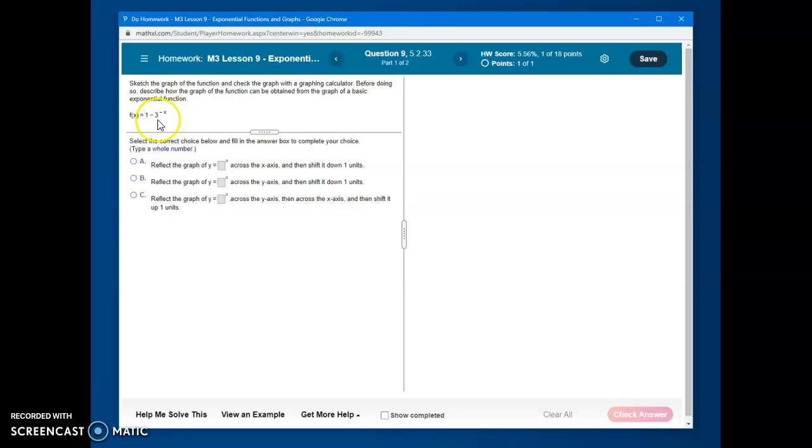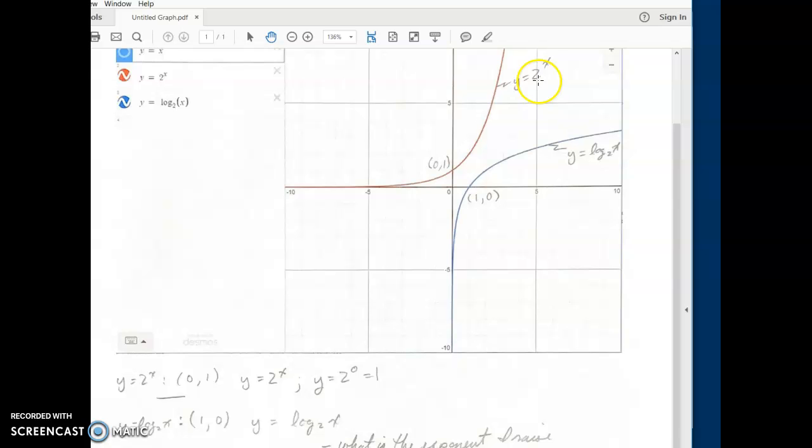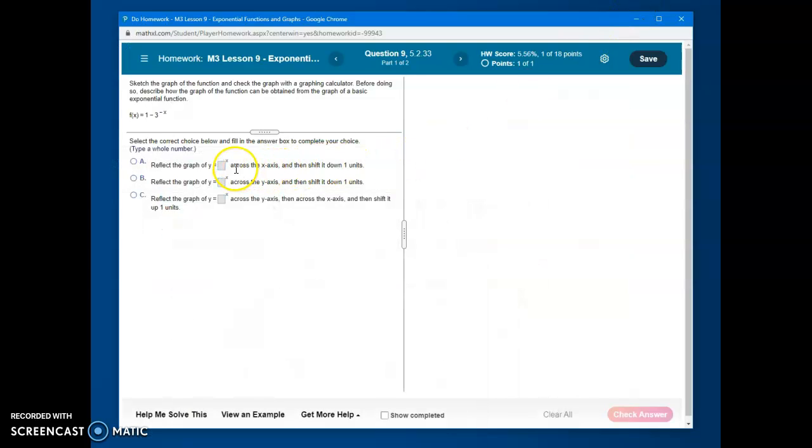Okay, so the base is 3, x is the exponent. That's going to look like this one, except it's going to have a base of 3, right? When x is 0, 3 to 0 is going to be 1, and then when x is 2, 3 squared will be 9, and that's going to start you off.